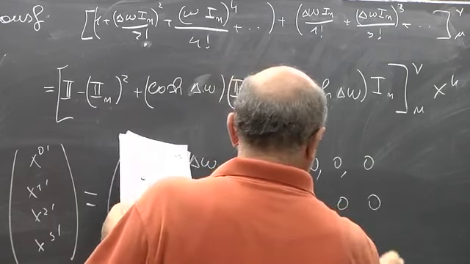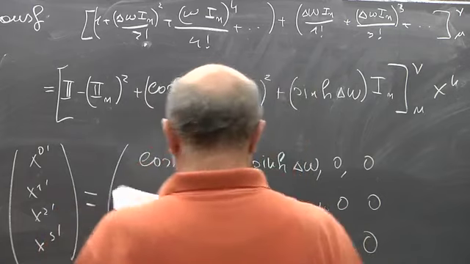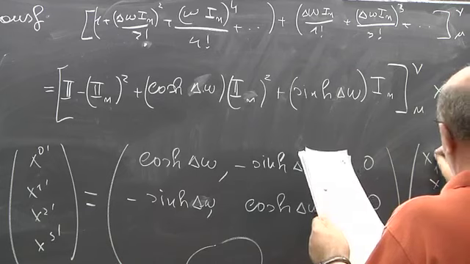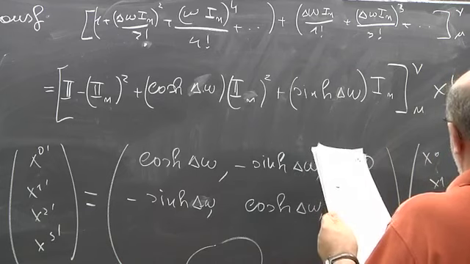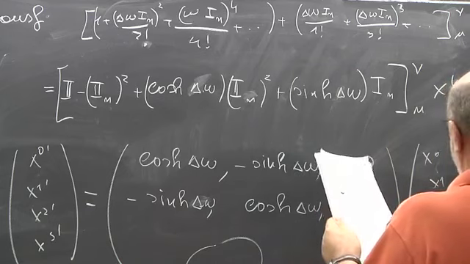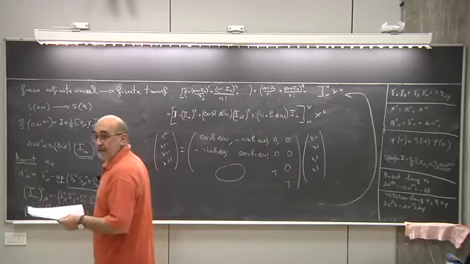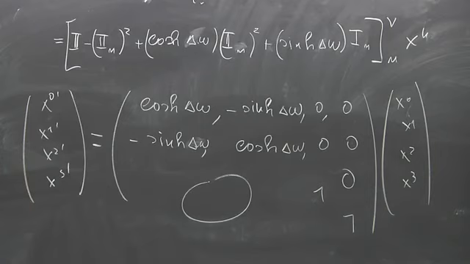Then I have 1, 1, and all the rest is 0, applied on x0, x1, x2, and x3. So you get the usual transformation for the boost, right? And delta omega is the one that you know about, delta beta.